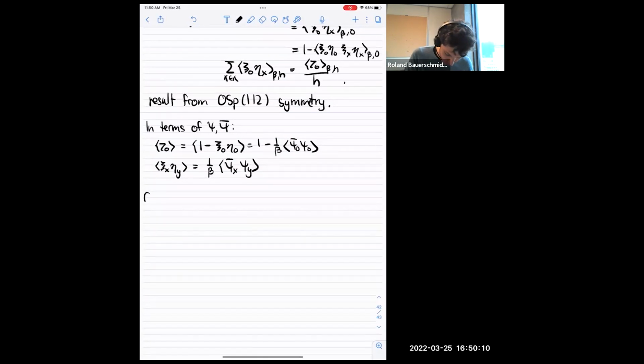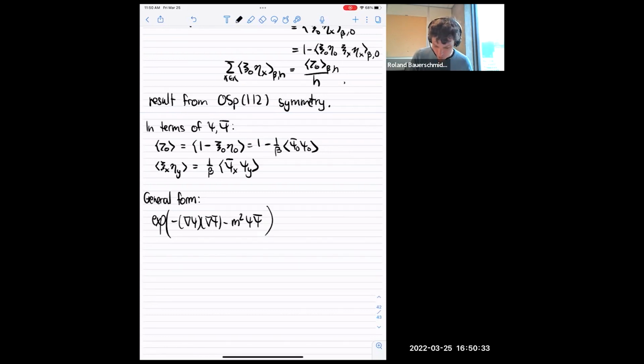So the general form of the model above is a relatively simple model of these fermionic variables. It has the following general form.